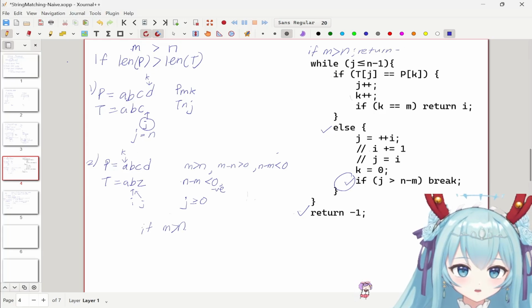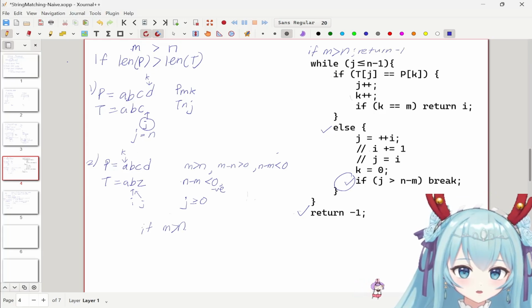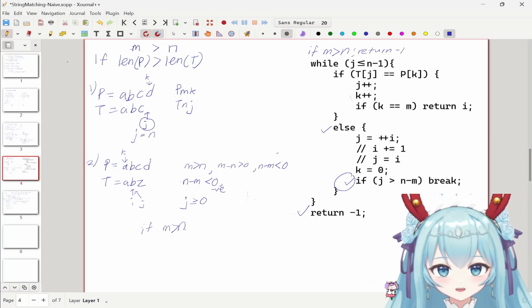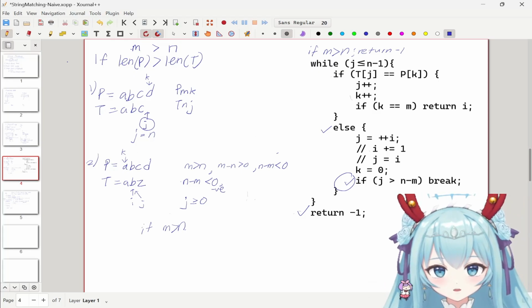Then we do not need to check this whole while loop over here. So you can do that as well, whichever is more comfortable for you.